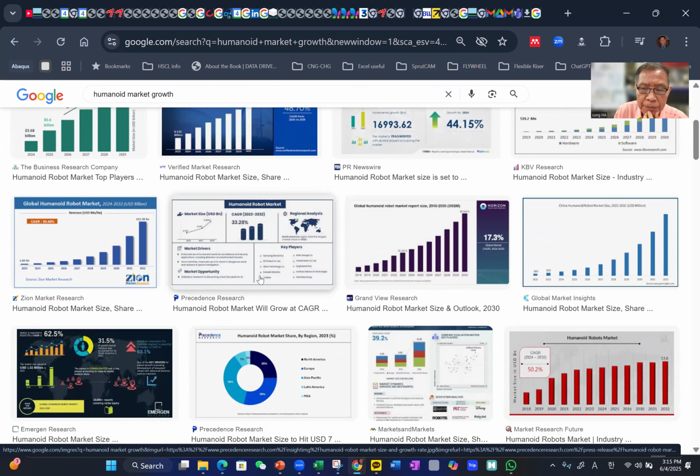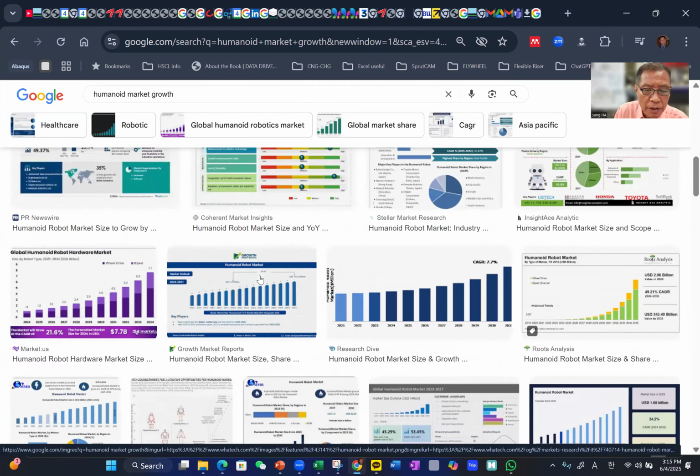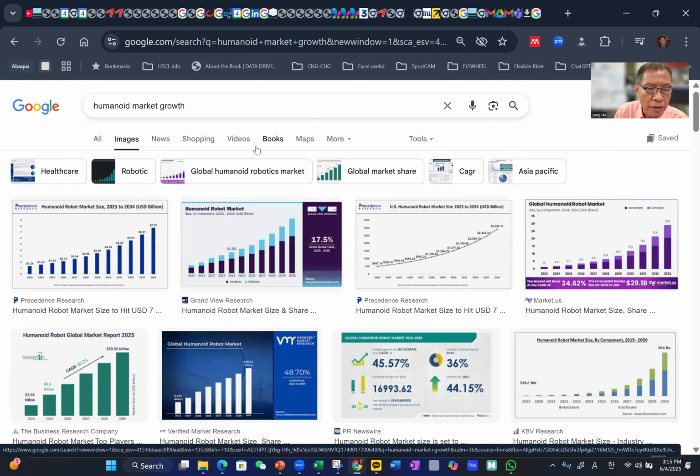It's not a choice, you have to focus on understanding the humanoid and the market, how the market grows, and what their main technology will be. So it is important.